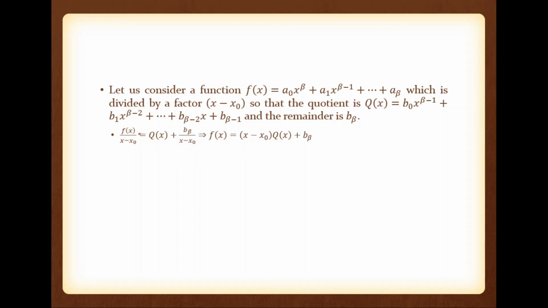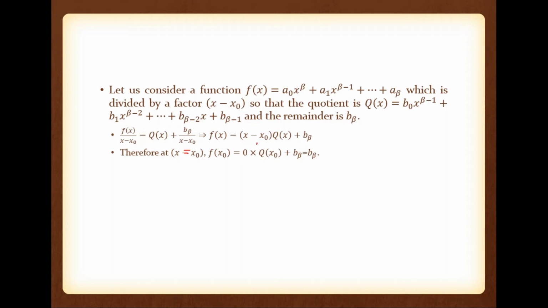Or we can write f of x is equal to x minus x0 into q of x plus b beta. So at x equal to x0, this term will become 0.